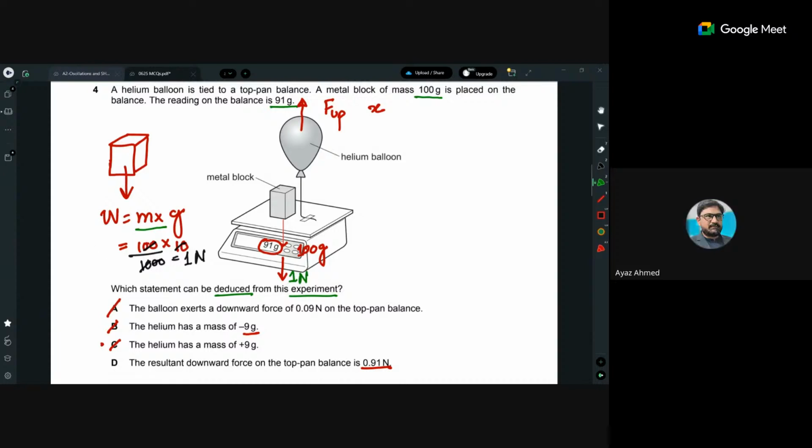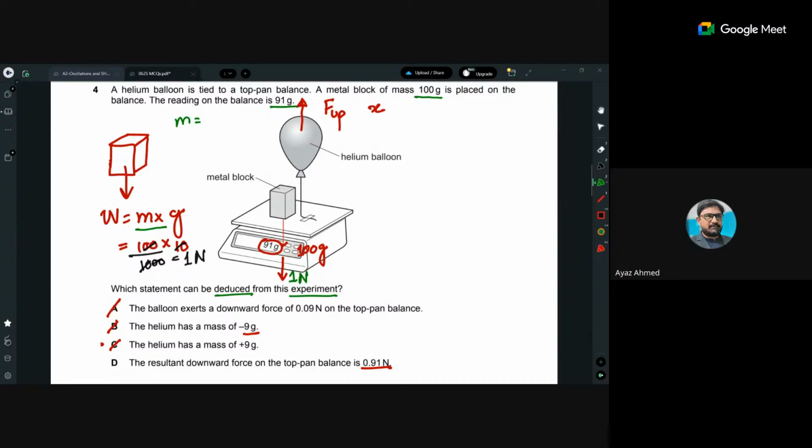So mass is 100 grams, which means you have to convert it into kgs. It'll be 0.1 into 10. Clear? So when you apply this, you will get the force in Newton. I mean, weight in Newton is 1 Newton.